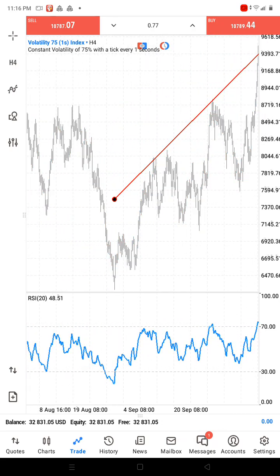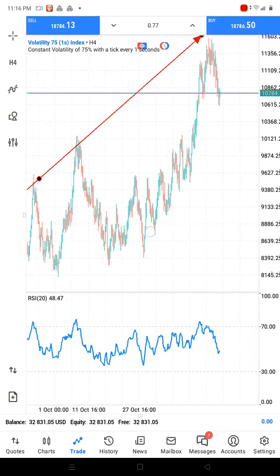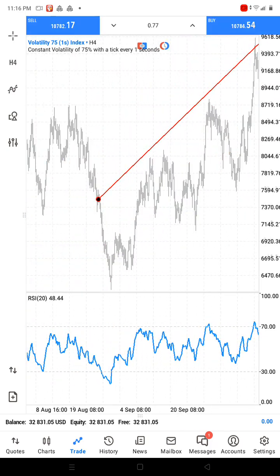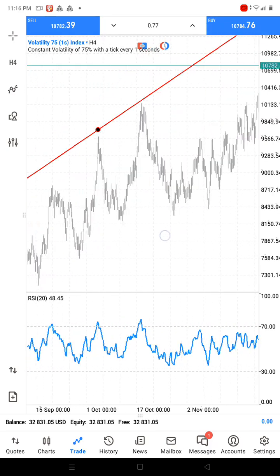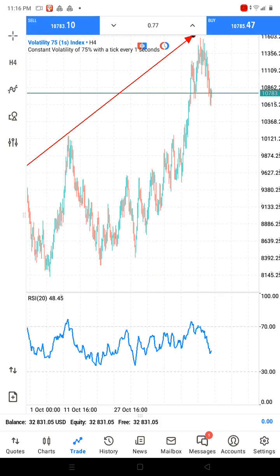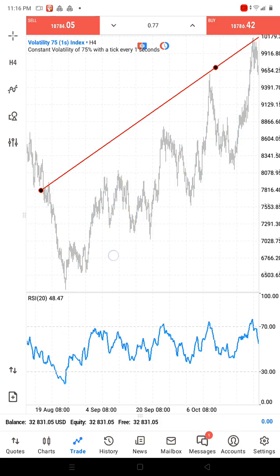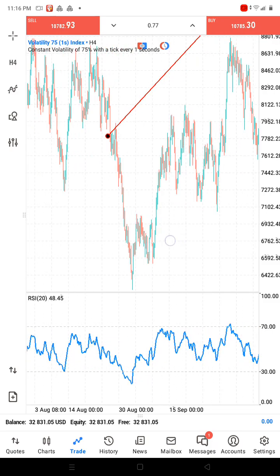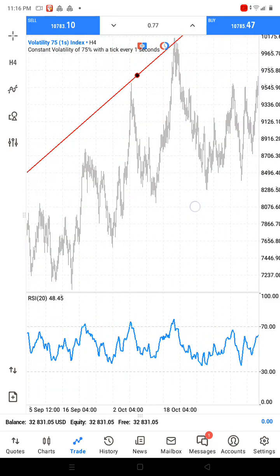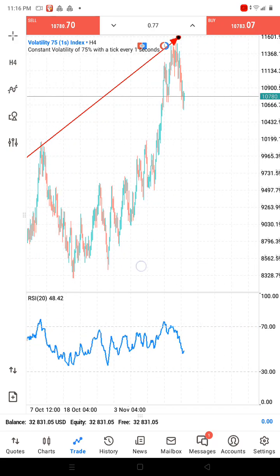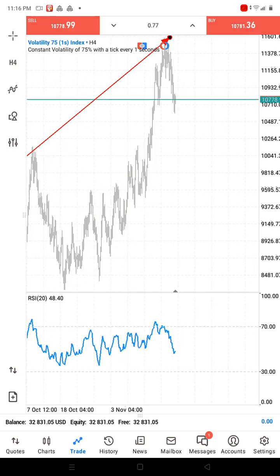There was an approximate high that was going to be touched at this point. But if you were to redraft it and put it somewhere there, you would see that it is perfectly aligning, which means now I had one touch, and then a second touch, a third touch, and then a fourth touch.